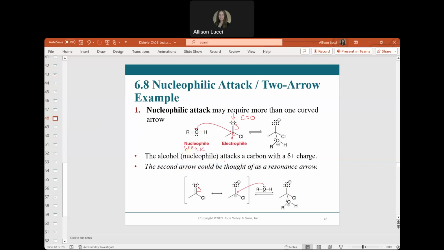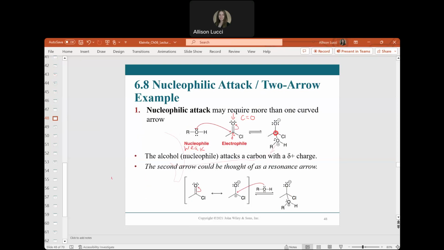And we also have our nucleophilic attack here, represented from the nucleophile, forming this new covalent bond with our carbon atom. So that's the site of the attack that I just circled. Our second arrow in this drawing, we could consider like a resonance arrow, right?